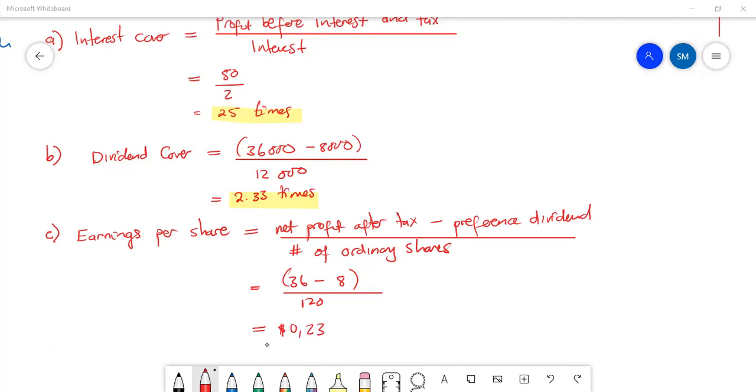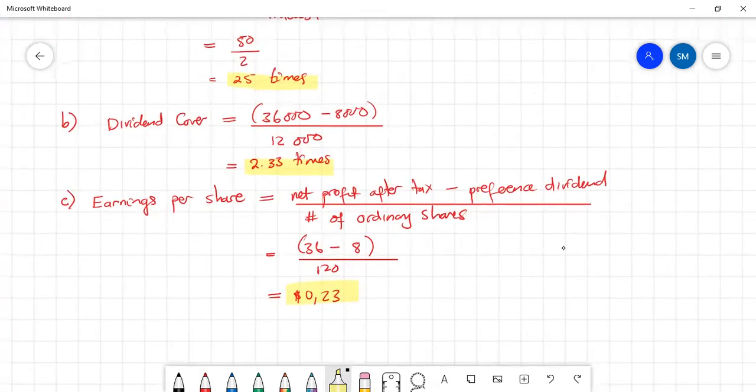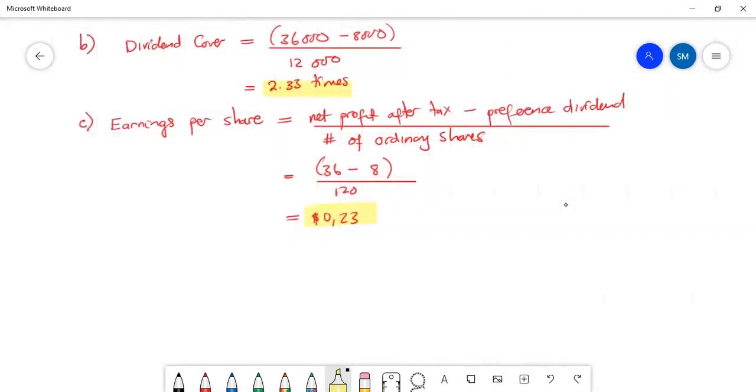That's our earnings per share. Remember, this is the number of ordinary shares issued. You don't take authorized.